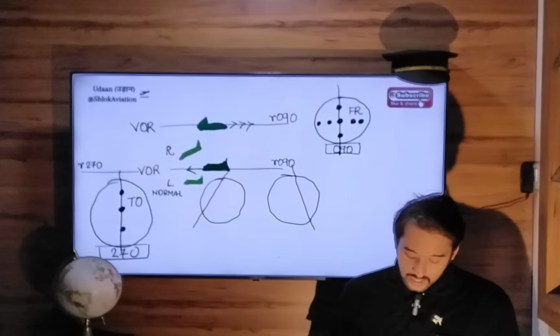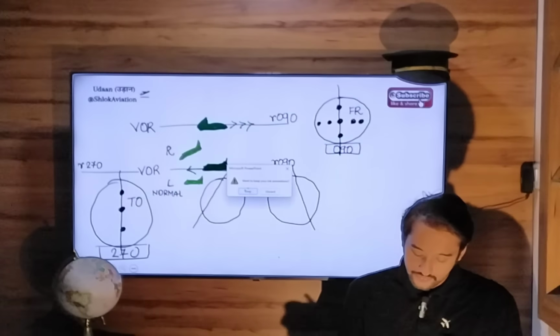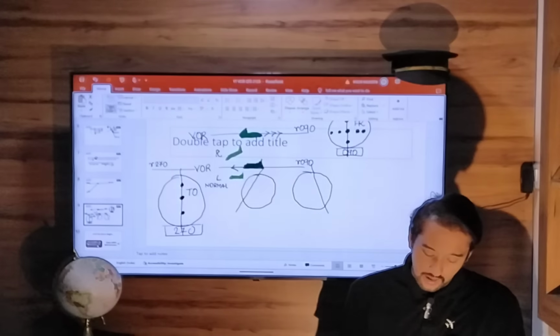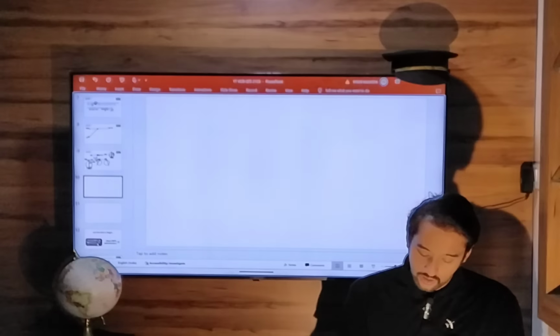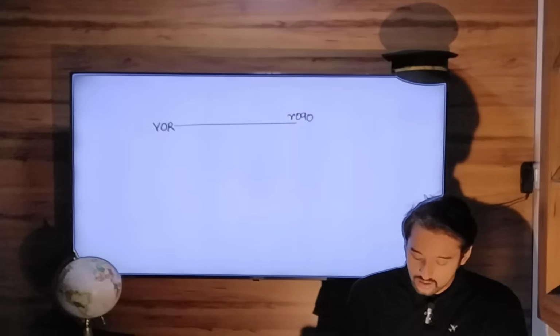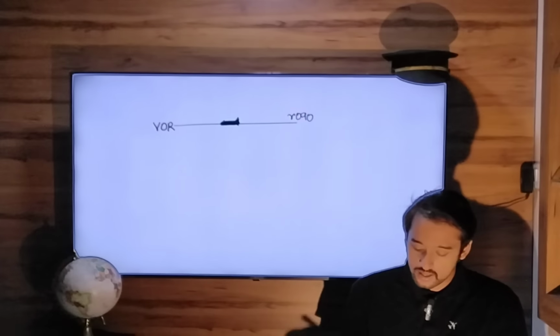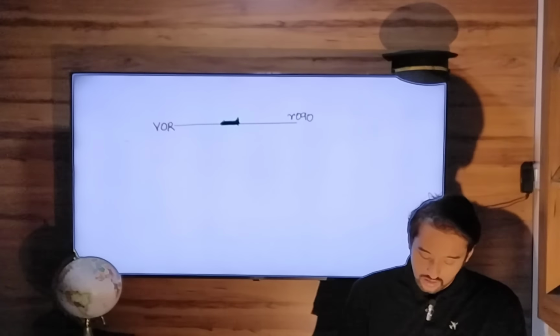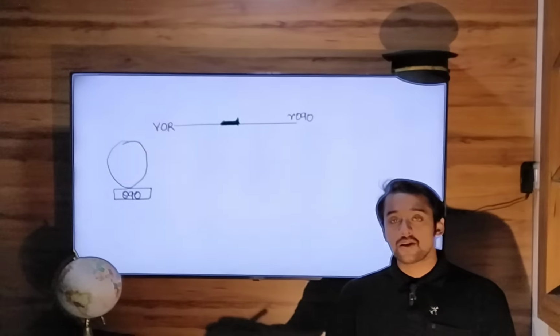Now the other possibility is reverse sensing. Now in reverse sensing, what happens? Although you're going towards the VOR on radial 090, the pilot selects in his OBS setting a bearing of 090.